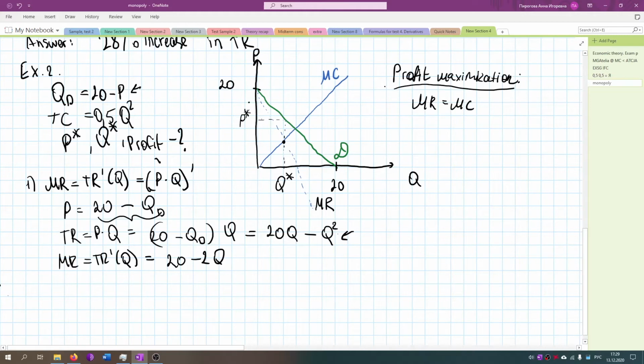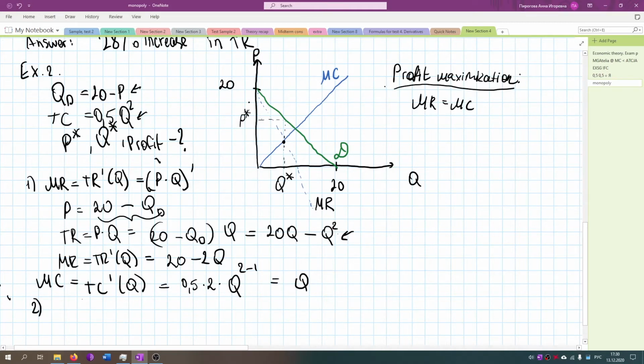Let's find marginal cost. Marginal cost is the derivative of total cost. We have our function of total cost, and let's find the derivative: 0.5 multiplied by 2 multiplied by q to the power of 2 minus 1. It will be just q.